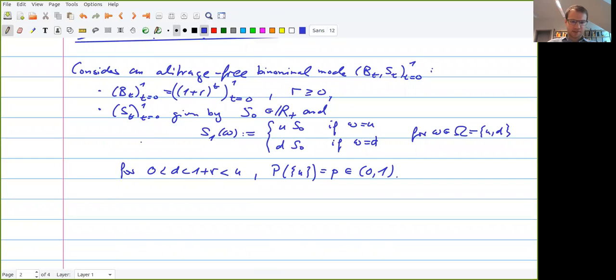If I have such a market and want to invest in it, I want, of course, to invest in a self-financing way. So I want to keep the idea that I'm not throwing away or withdrawing money. So the vectors in R2 are my self-financing trading strategies.